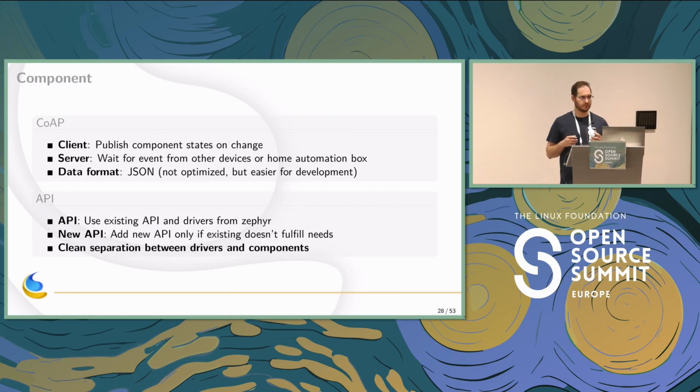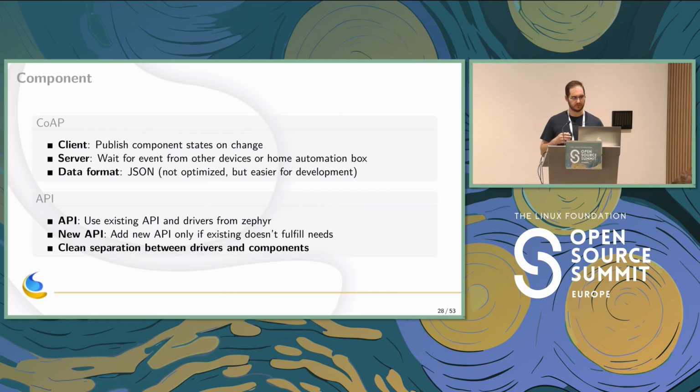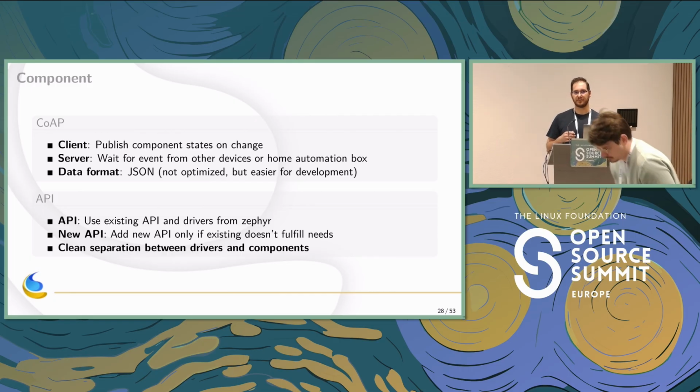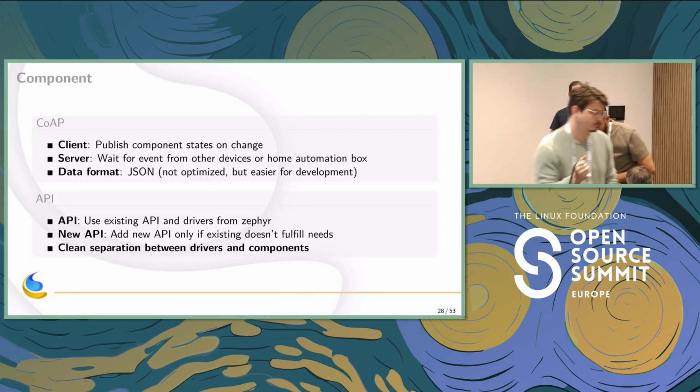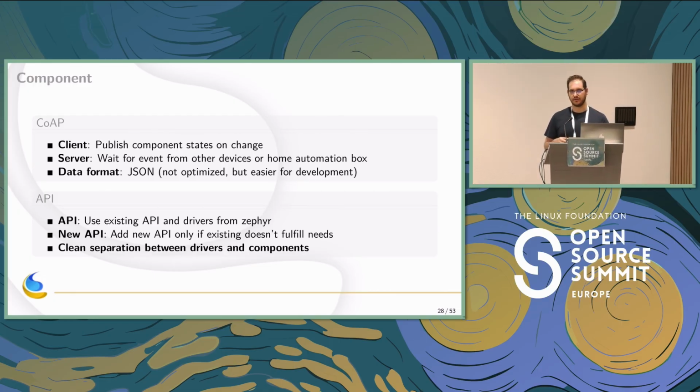So basically, most of the time, it's a CoAP client that will only publish its new state. If we have a temperature sensor, every time the temperature changes and the device is woken up because it got an interrupt from the sensor, we will send data to the server to say, hey, my temperature has changed, here is the new temperature.